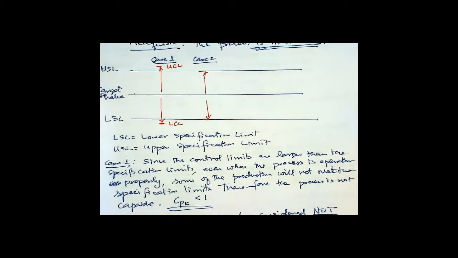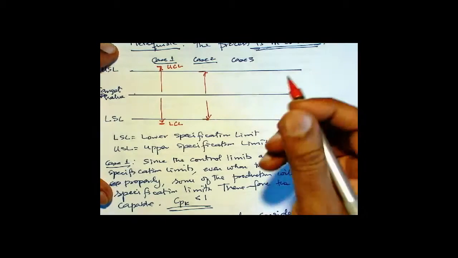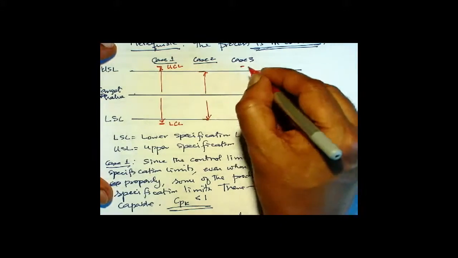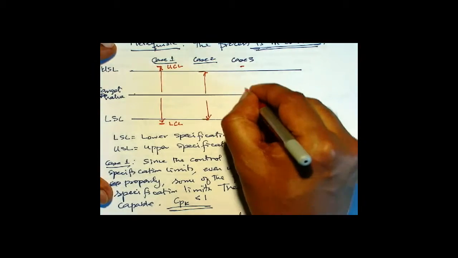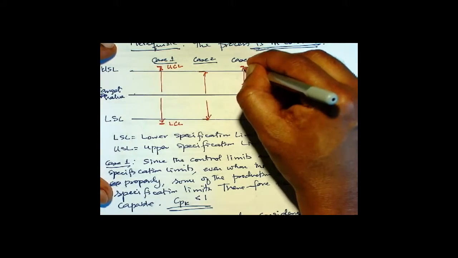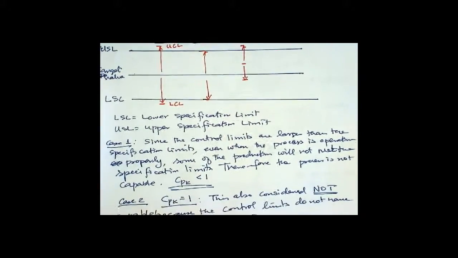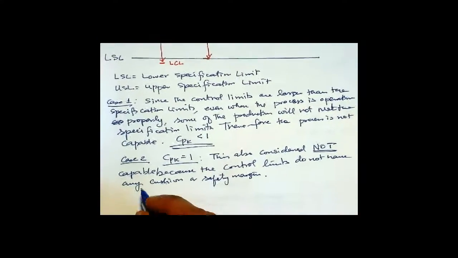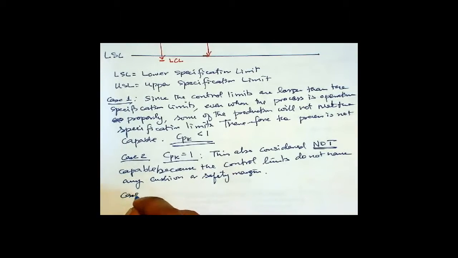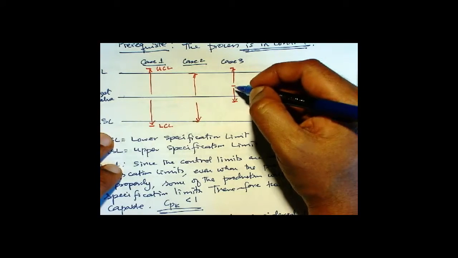Now let's look at case 3, where the limits are, well, maybe something like that. Now, if you look at case 3 carefully, you'll see that the variance seems to be pretty small.